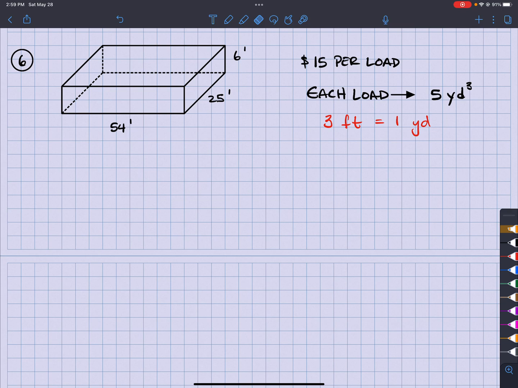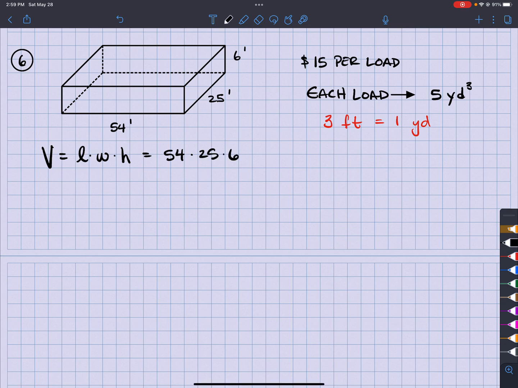Let's go ahead and try to find the volume of this particular dig that we're going to be doing. All right, and what we know is that the volume is equal to length times width times height, which in this case is 54 times 25 times 6.